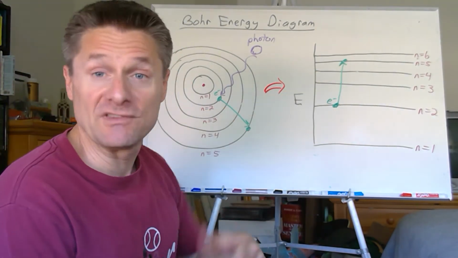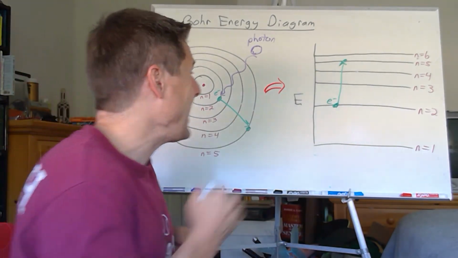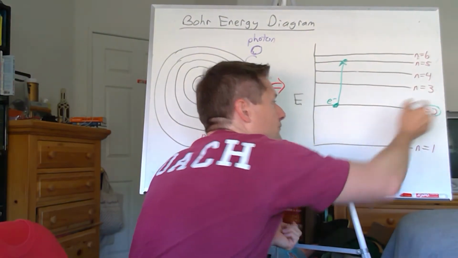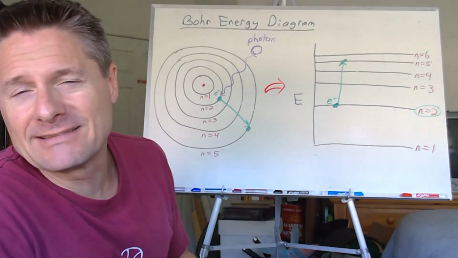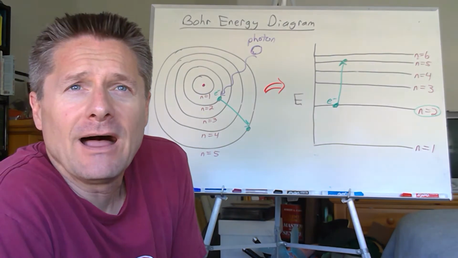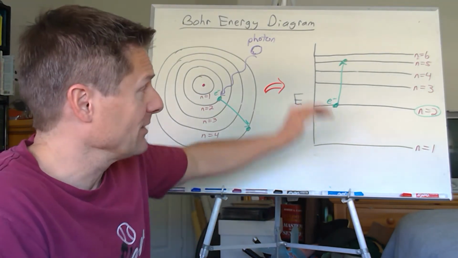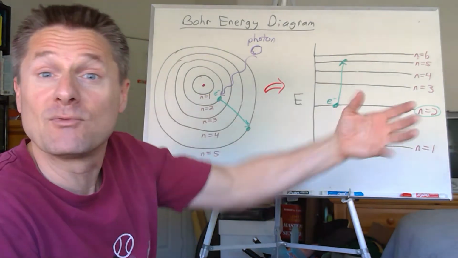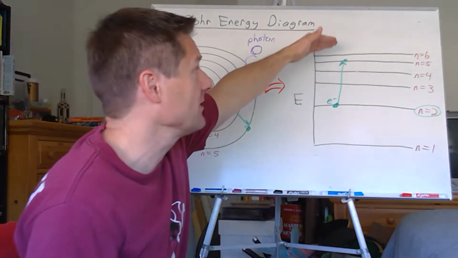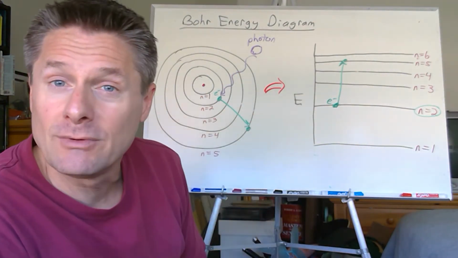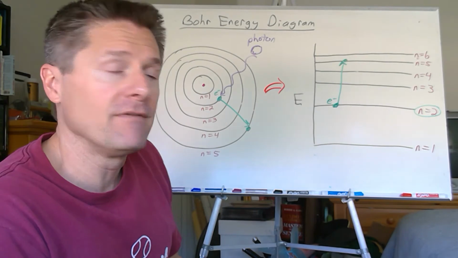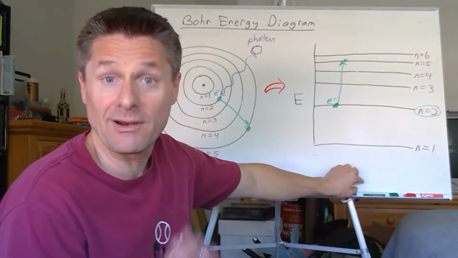And that was in the visible region. For hydrogen, n equals 2 happens to be where, if an electron starts at n equals 2 and moves up, it absorbs visible radiation. If it starts higher and ends up in n equals 2, it gives off visible radiation, some color.